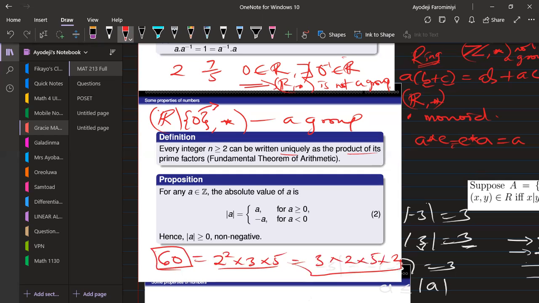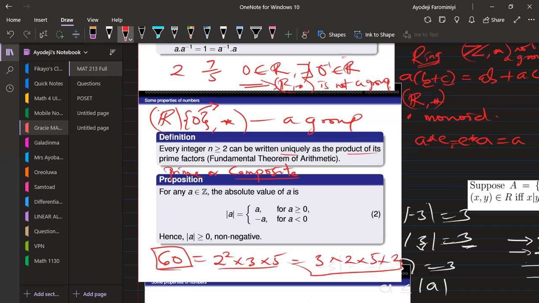Some other versions will say every number greater than 1 is either prime or composite. So what is the meaning of a composite number? A non-prime number. A number that can be written as a product of primes.